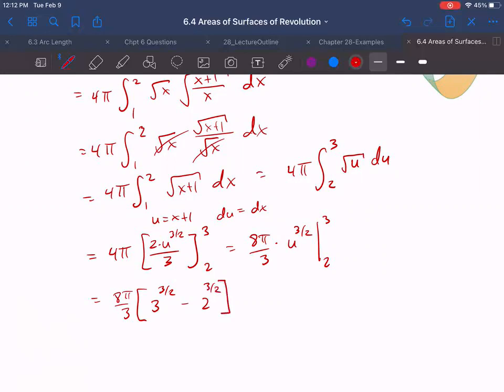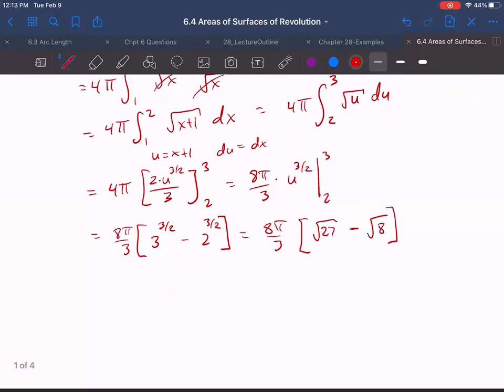So 3 cubed is 27, and then we have the square root of 27, right? And then we've got 8 pi over 3, and we've got the square root of 27, and then here, this is the square root of 8, right?